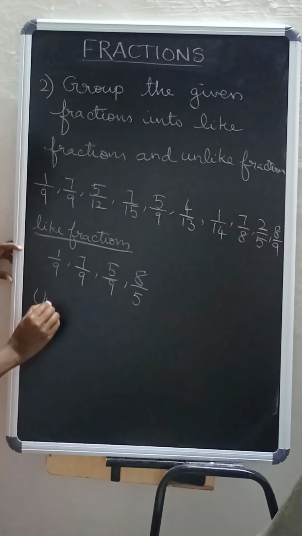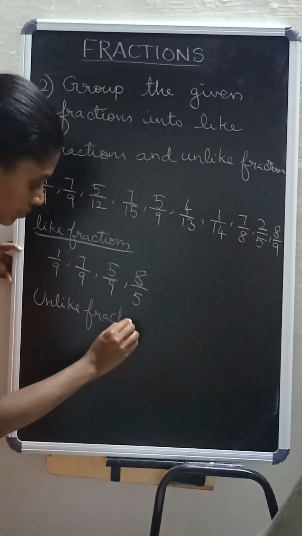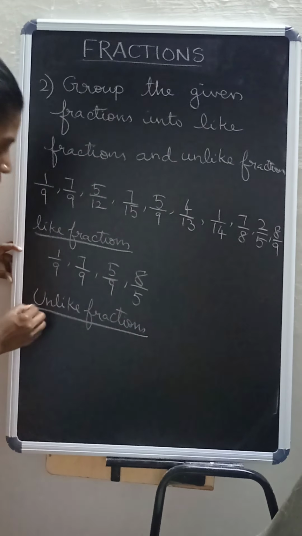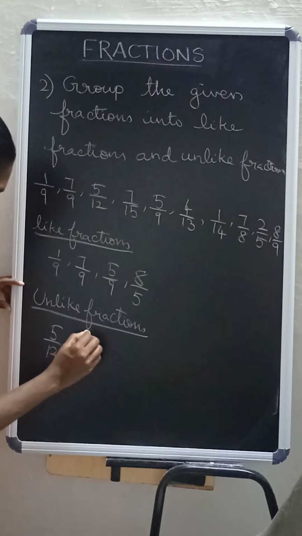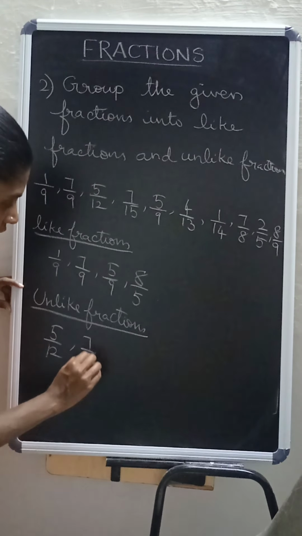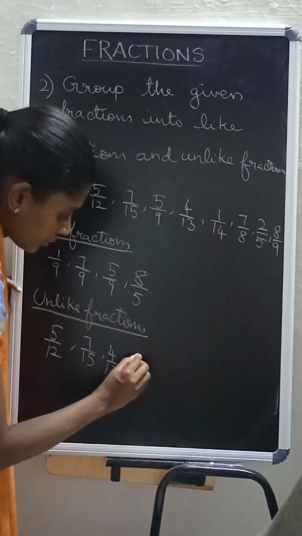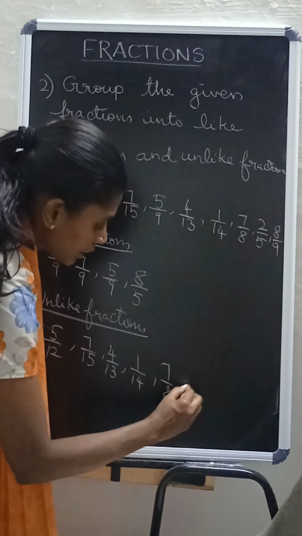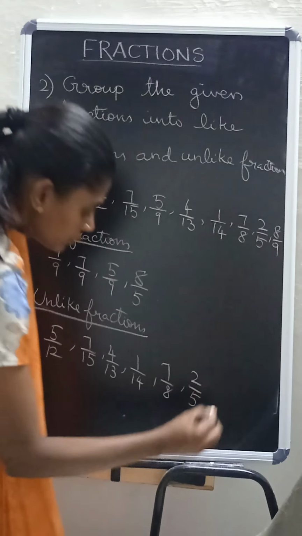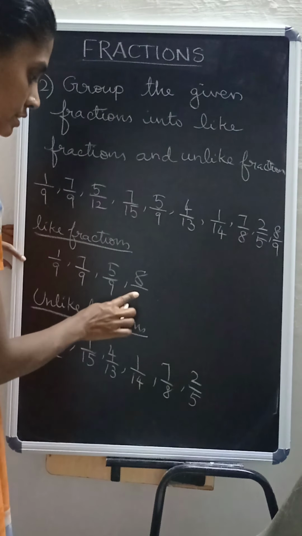Now unlike fractions. I am grouping the rest under the unlike group. 5 by 12, 7 by 15, 4 by 13, 1 by 14, 7 by 8, 2 by 5. So these are all having different denominators. This is having same denominator.